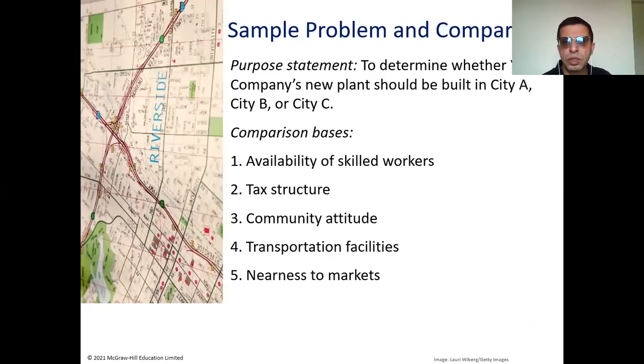There is another sample, a problem and comparison.